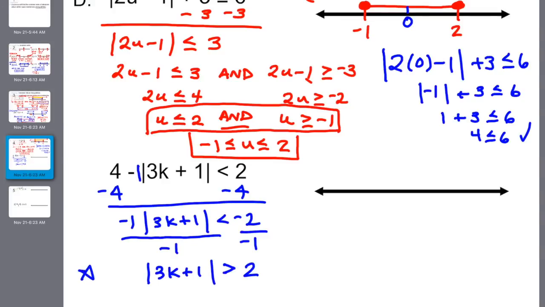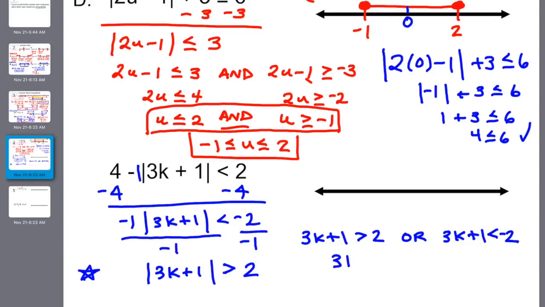Remember, you got to flip your inequality there. So now we're going to take and break it into two statements. We're going to say 3k plus 1 has to be greater than 2. And because this is an or here, we're talking about something that's greater than 2 units from 0, this is a disjunction. We need to say or. So we're going to say 3k plus 1 is less than negative 2.